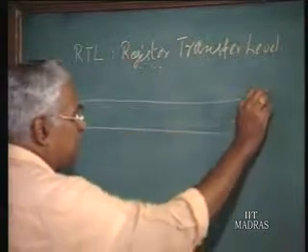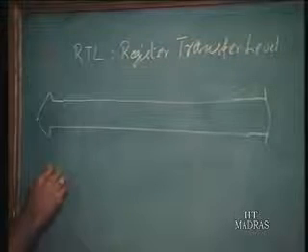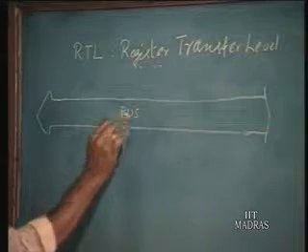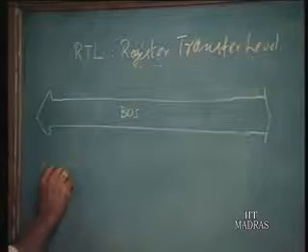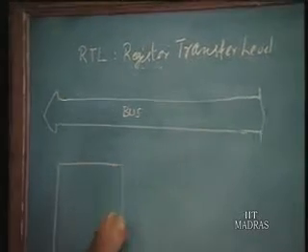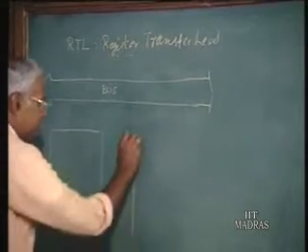Now here is the bus which connects the CPU and memory, and then we have the CPU and memory sitting on the bus. Now we have to go into some details of the CPU and memory here, right?